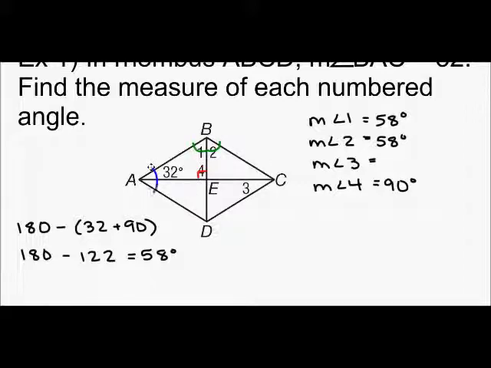So this is equal to this. A and C are equal. And the diagonal bisects these angles. So down here we have 32 degrees, and this will also be 32 degrees on this side. So all four of those are 32 degrees. Angle 3 is 32 degrees, and this is my answer.